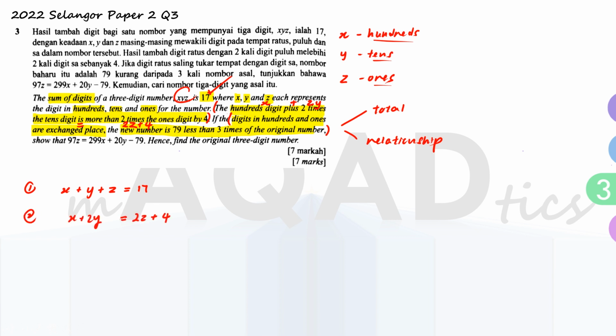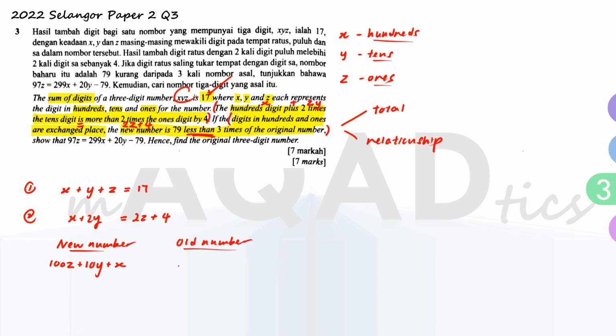And for the last sentence, let's understand what is the new number and the original number. So if you want to find the new number, this means that we need to multiply 100 with the 1's value, which is z, to become the 100's value. And y does not change, so we multiply a 10, and for hundreds we don't multiply anything.